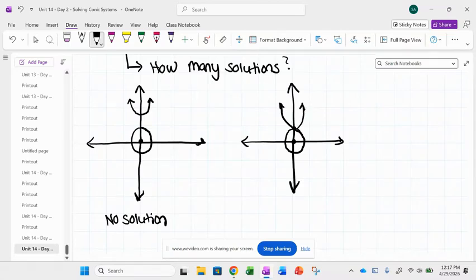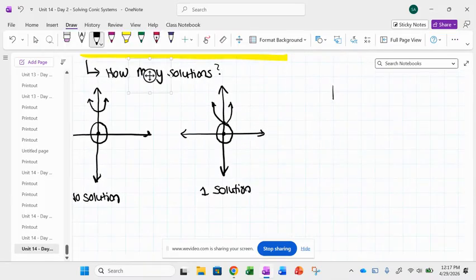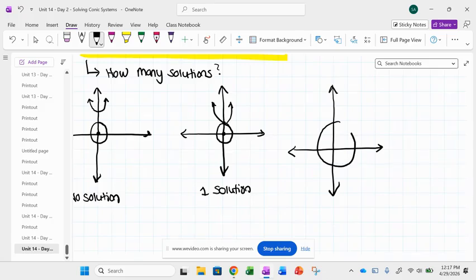Can we have one solution? Can we have two solutions?